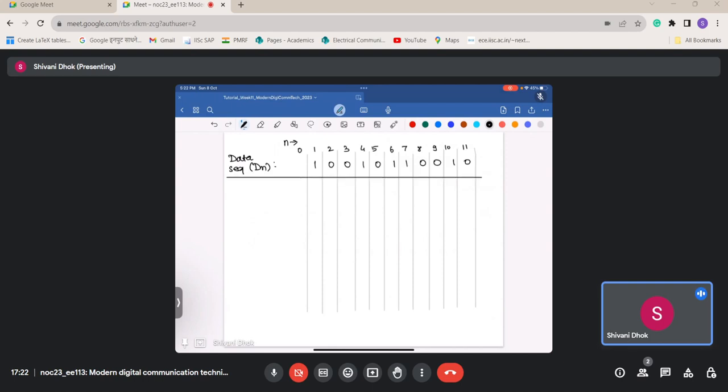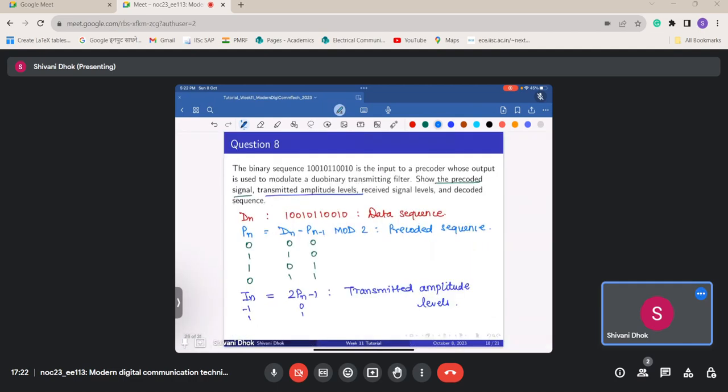So the first thing that we need to find is the pre-coded sequence, which is nothing but your Pn, and we know that this Pn is basically the difference between the current data point and the previously pre-coded value.